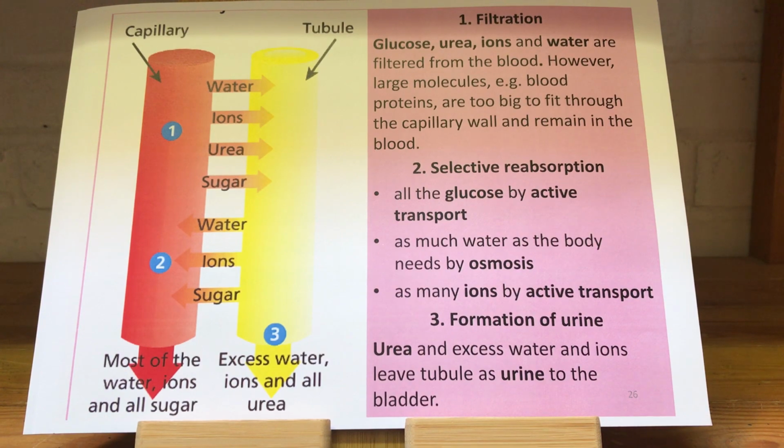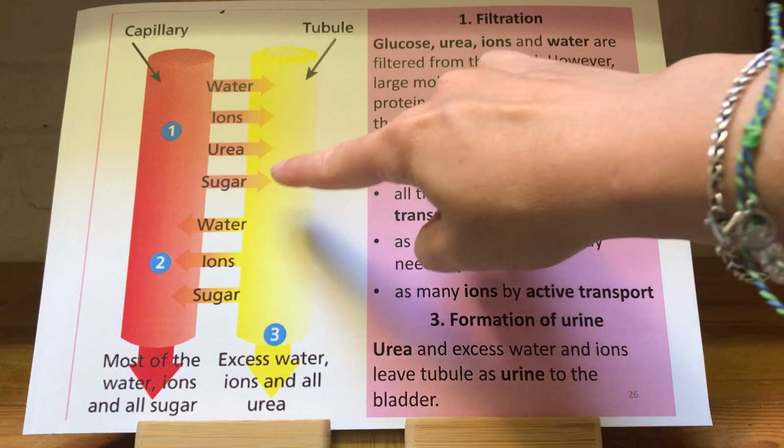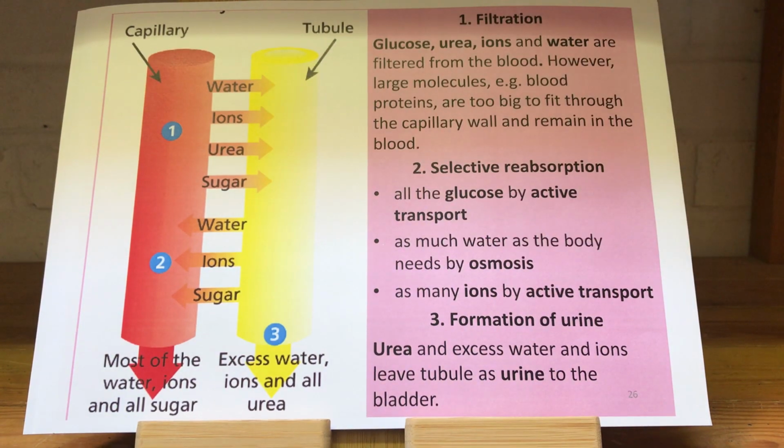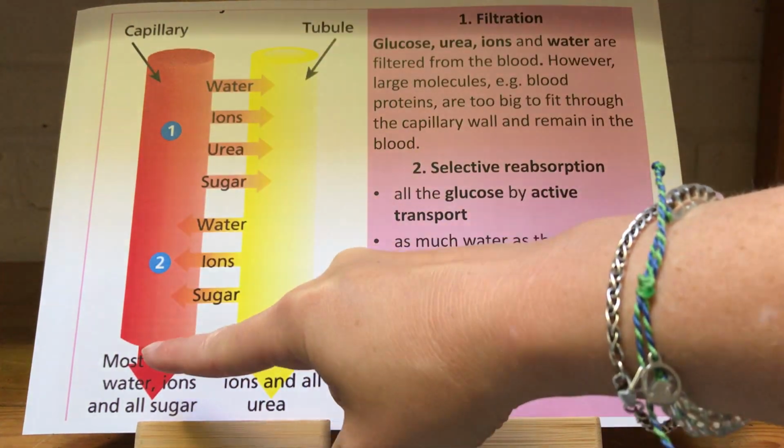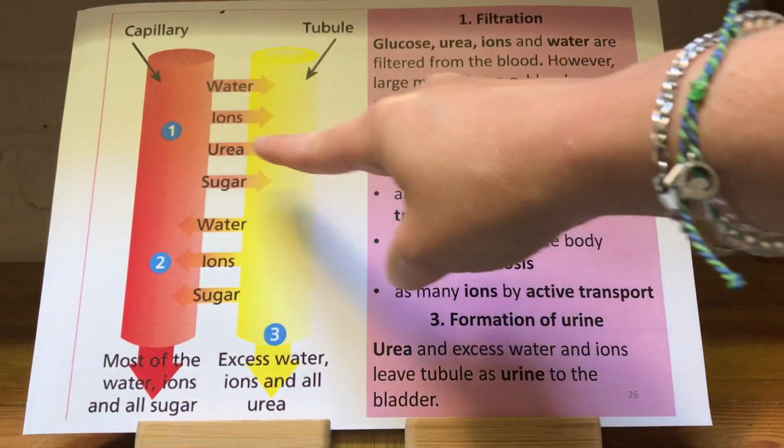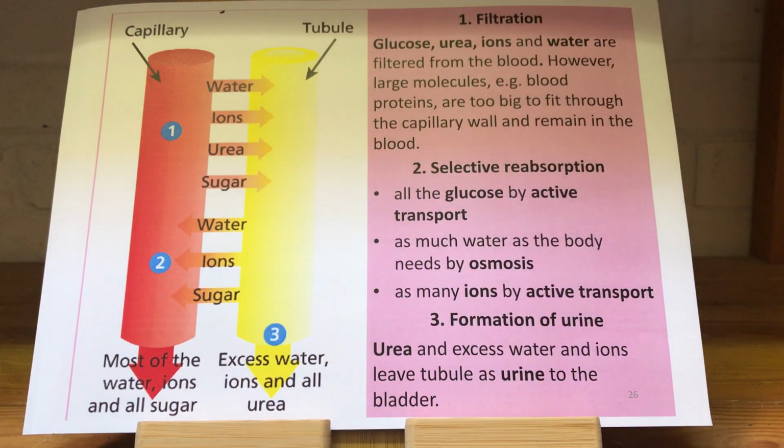So all of the water's coming across, all of the ions, all the urea and all of the sugar. Anything that is large, like large protein molecules, stays in the capillary throughout. So it's the water, the ions, the urea and the sugar, because they are small and soluble, that come into that tubule.